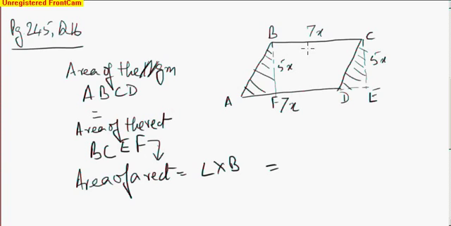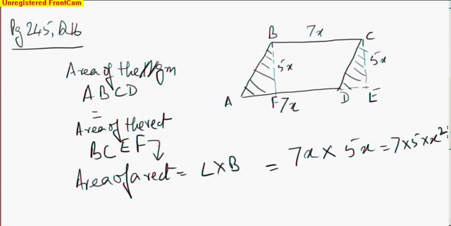The length, the base of this rectangle, can be FE or BC, which is 7x, and the breadth or the height or the altitude, as was given here, is BF or CE, which is 5x. So the area is 7 multiplied by 5 multiplied by x square. We'll keep it like this.